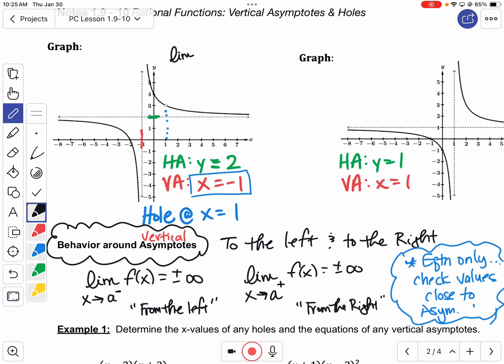The limit as x approaches negative 1 from the left, and the limit as x approaches negative 1 from the right, so with the plus sign. Okay, so those are going to be my two limits. I'm going to look at the left side of the asymptote and the right side of the asymptote. All right, so those are going to be my limits to start.